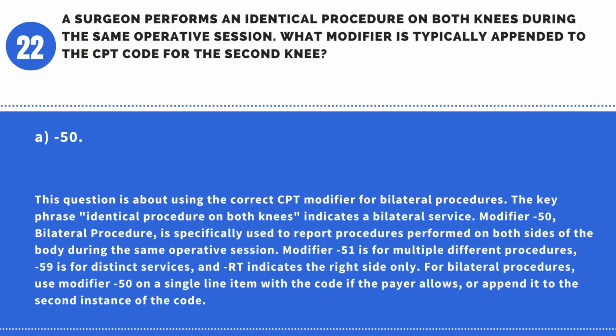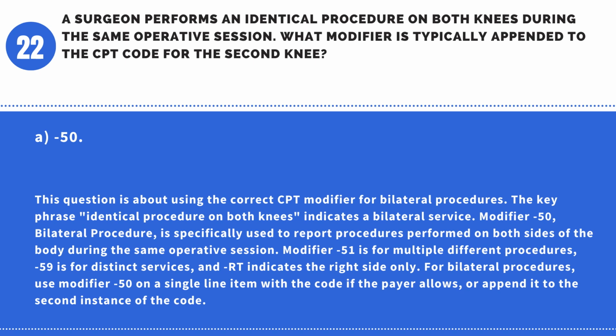Answer A. -50. This question is about using the correct CPT modifier for bilateral procedures. The key phrase identical procedure on both knees indicates a bilateral service. Modifier -50, bilateral procedure, is specifically used to report procedures performed on both sides of the body during the same operative session.